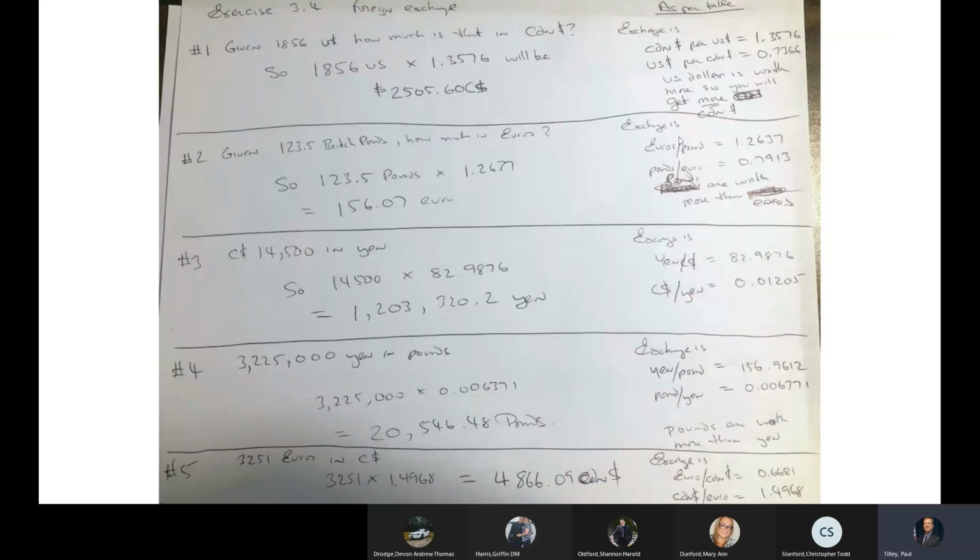Well, basically, maybe I should just start over and say, we know that a euro per pound is 1.26. So we can take 123.5 pounds multiplied by 1.2637, and that will give us 156.07 euros.